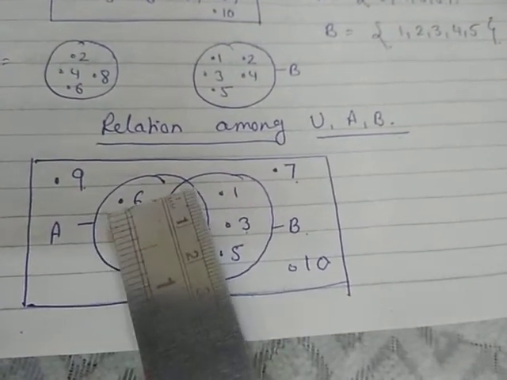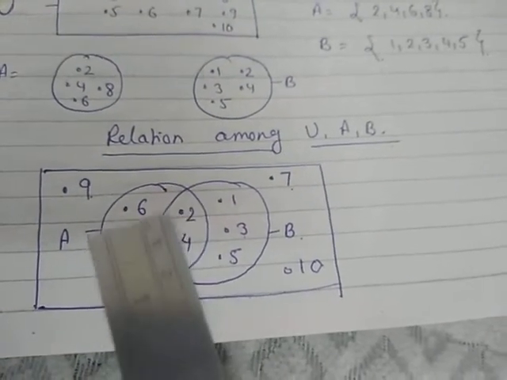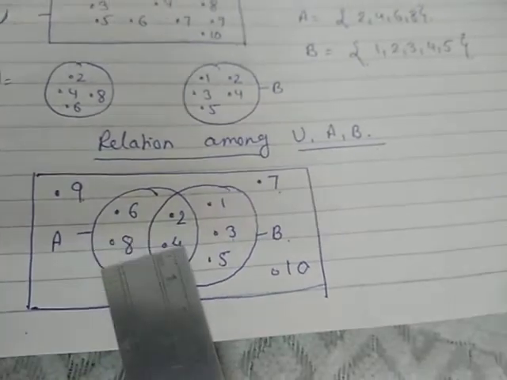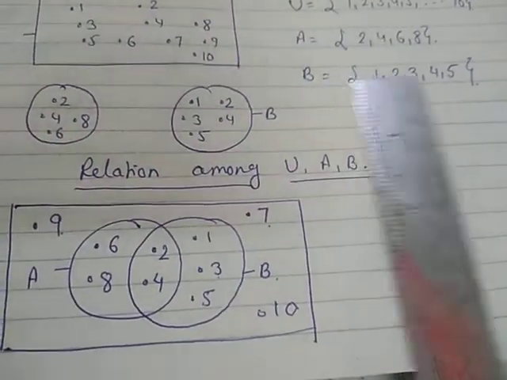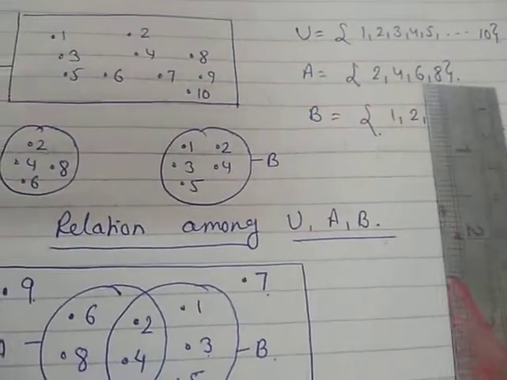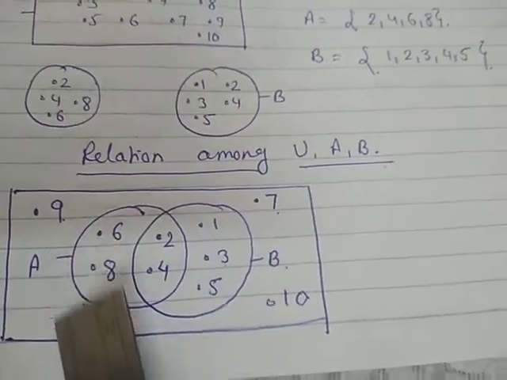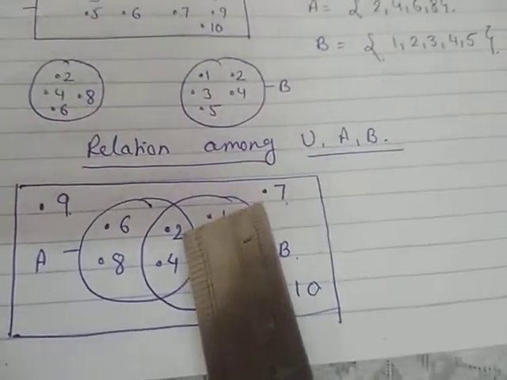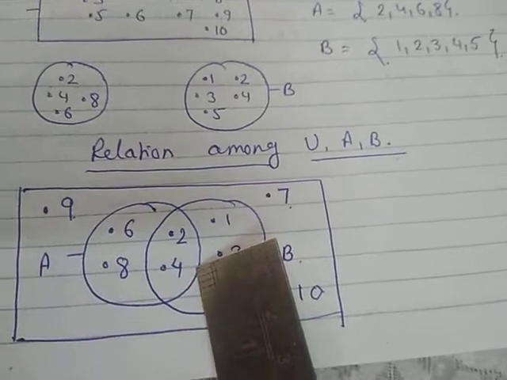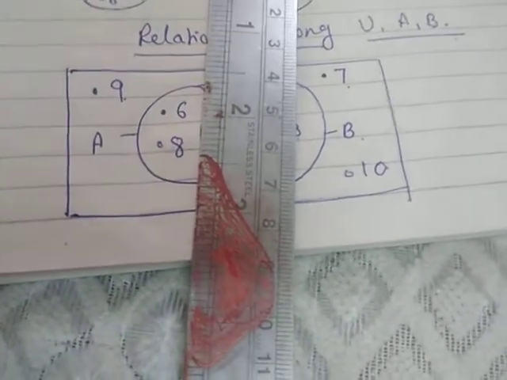Therefore, both the elements 2 and 4 will be present in this space because 2 and 4 are the common part. Then set A is 2, 4, 6, 8. 2 and 4 are already present, this is the complete circle of A. Now only the left part will be 6, 8. So 6 and 8 will be outside of the intersected part.